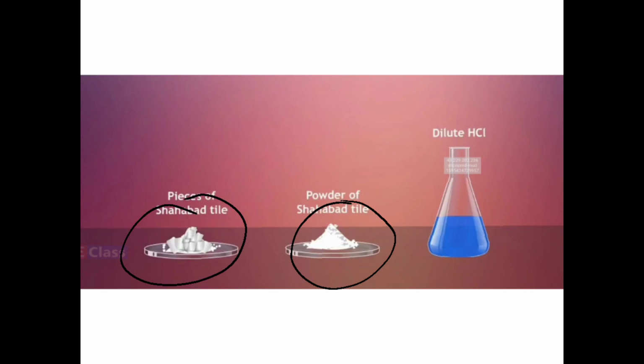When you do so, the reaction with the powder form becomes faster, and you will see the effervescence of carbon dioxide is formed faster in the powder form, whereas it is slow when it is the piece of Shahabad stone.